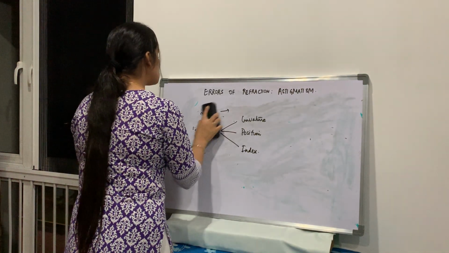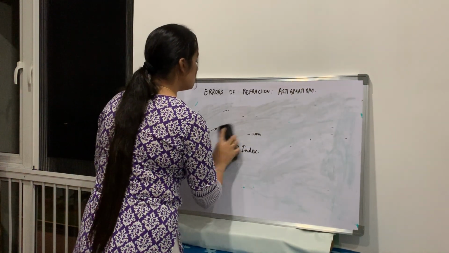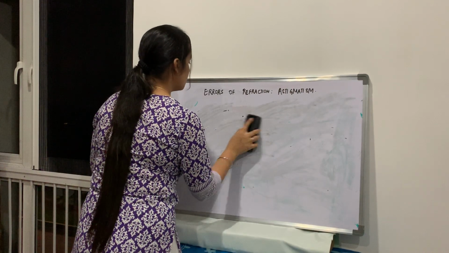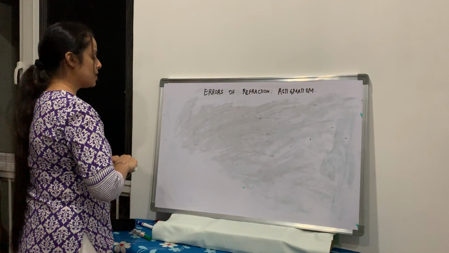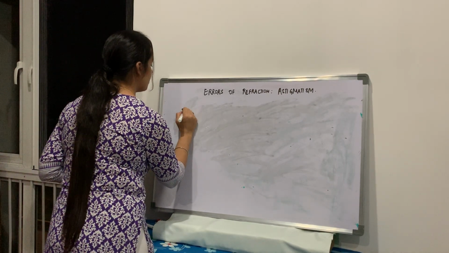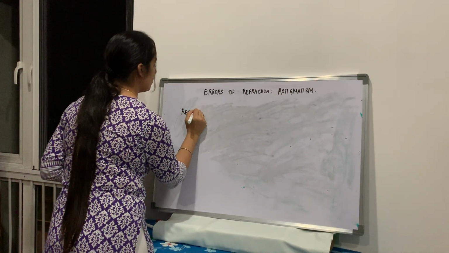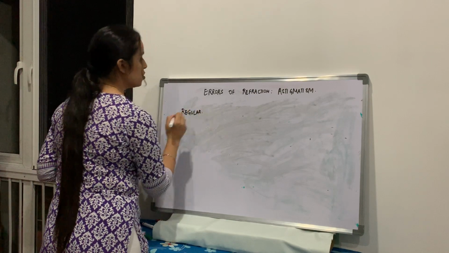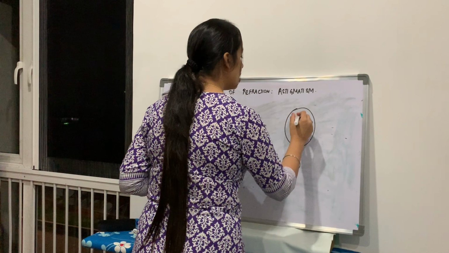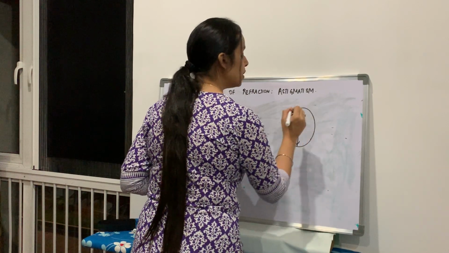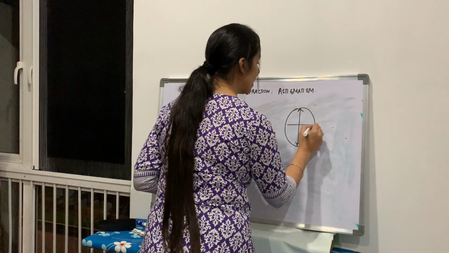There's another way also how I can classify astigmatism. Okay, so there's something called regular astigmatism. When we talk about our normal cornea, I've already told you that the vertical meridian is steeper and the horizontal meridian is wider.